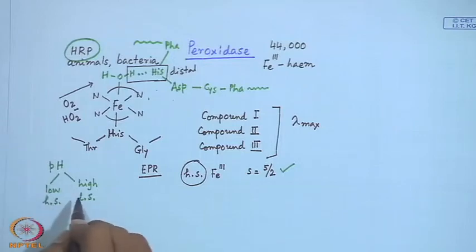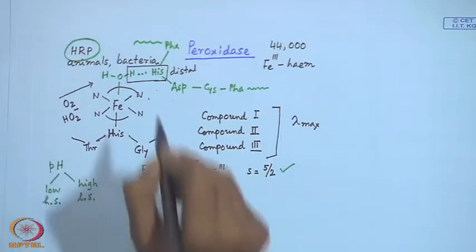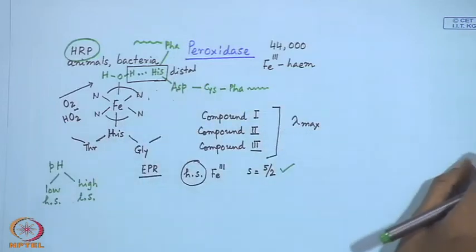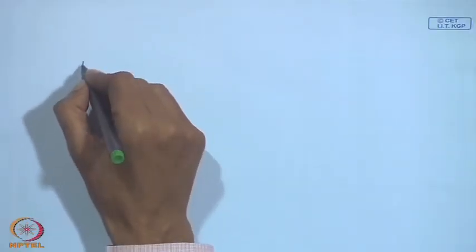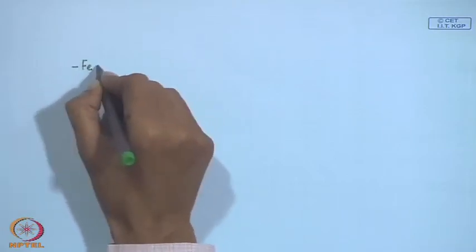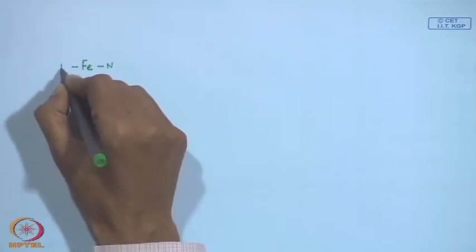So, these two spin states are important for binding, and your hydrogen bonding interaction from the distal histidine is also important.